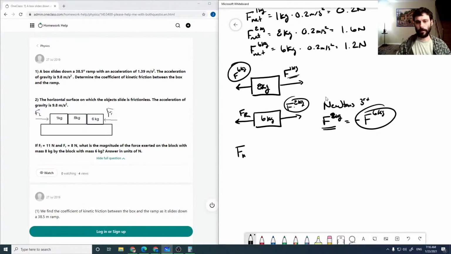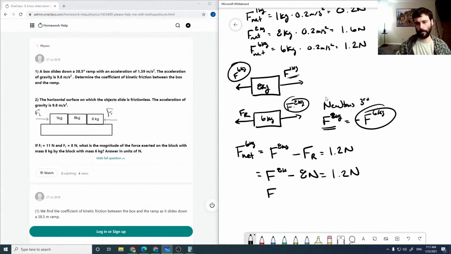So our F net on our 6 kg block is F8 kg minus Fr, which is equal to this 1.2 newtons. And so our F8 kg, our force from the right we know is 8 newtons. And so that equals this 1.2. And so our force from our 8 kg block is 9.2 newtons.